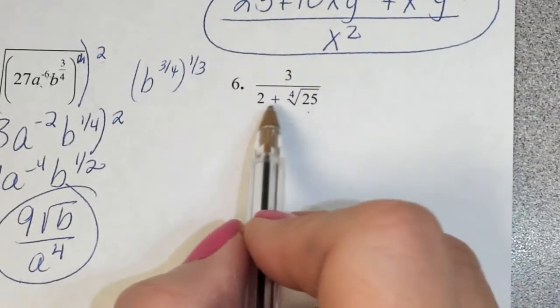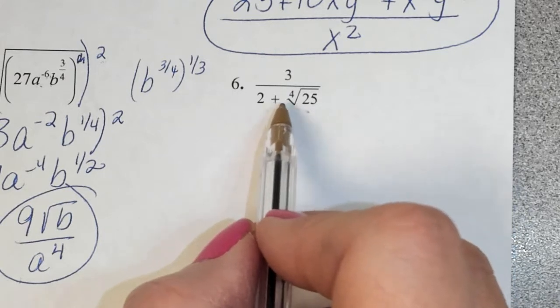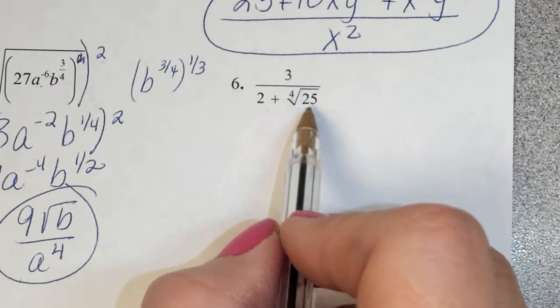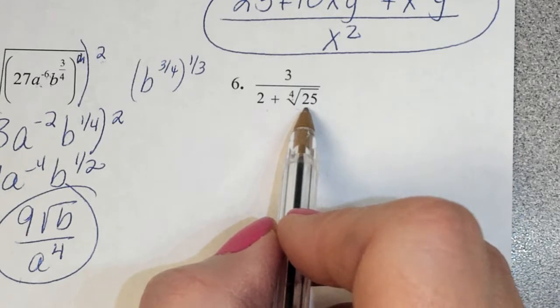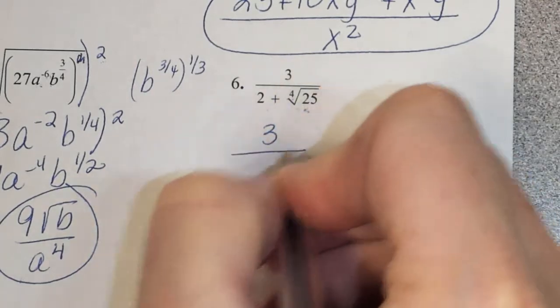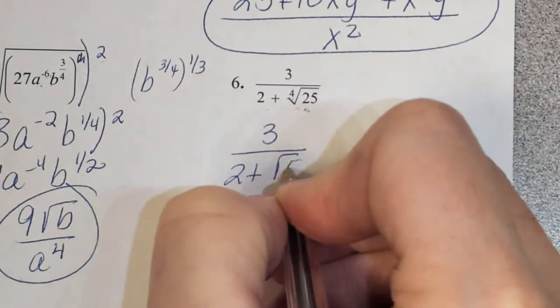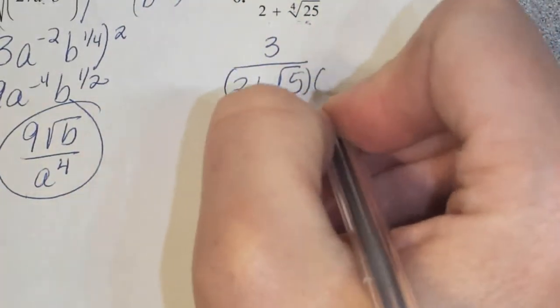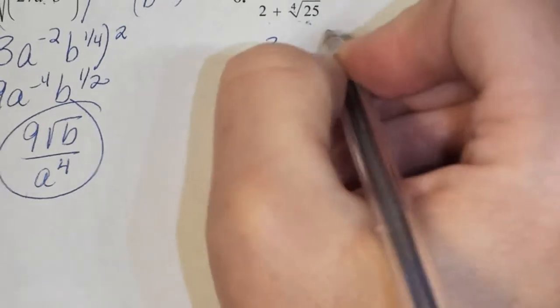Before I just start multiplying by the conjugate, that's very tempting to do. Is there another way I could write the 4 through to 25 to make it easier? Radical 5, good. So I'm going to write it like this. Now go ahead and multiply by the conjugate.